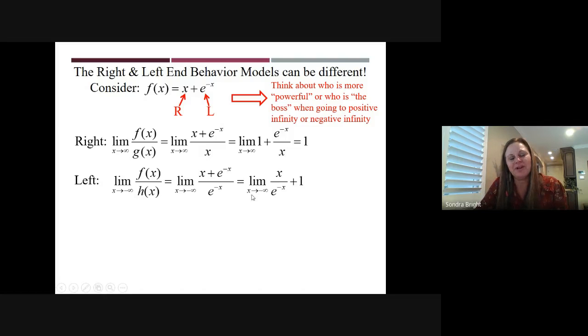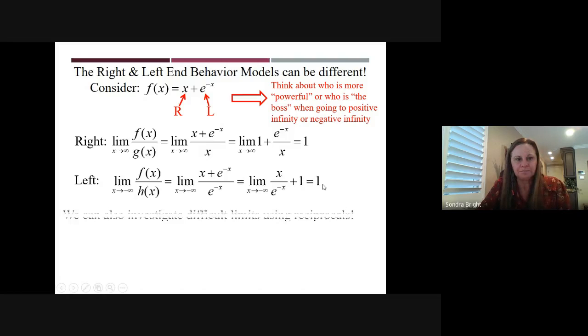You're not truly plugging in a negative infinity, but hopefully you can see that when you're putting a negative infinity into this x, it actually becomes e to the positive infinity. So that's a huge infinity over another infinity. Anyway, this ends up zeroing out because this guy is way huge. And so you just end up with a 1.